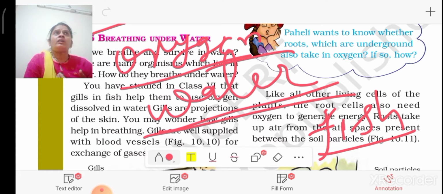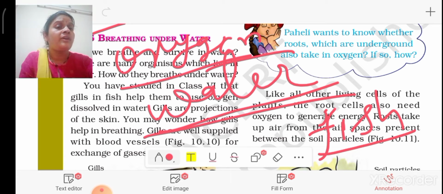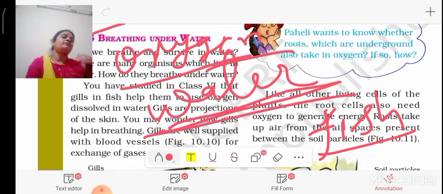Now for taking oxygen from the atmosphere, from the air, we have lungs. Lungs are suitable, they can use the oxygen directly from the air. But here the fishes and aquatic organisms have to use up oxygen from the water. So for that, lungs are not comfortable.